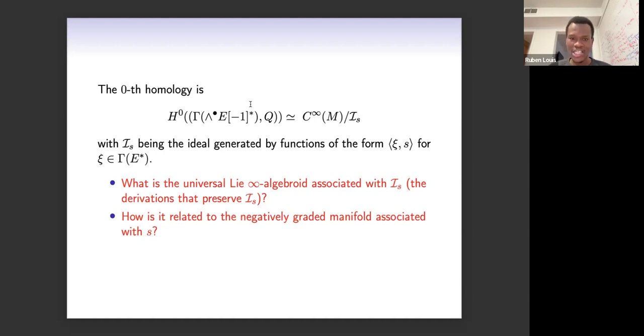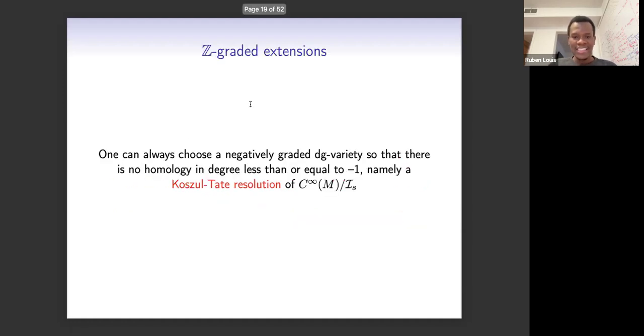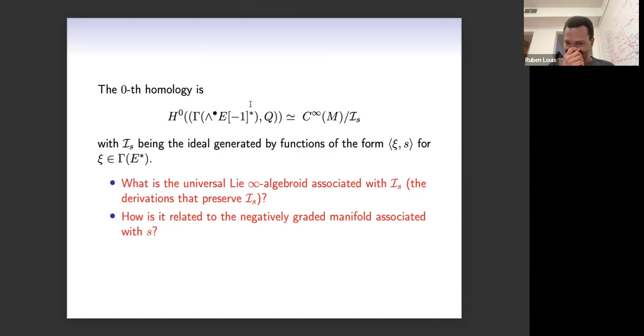So we got two things that we can associate with the same thing. How to relate them together? This is what we're going to address here.